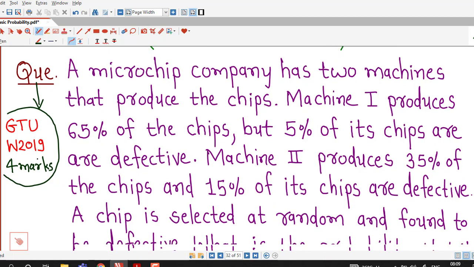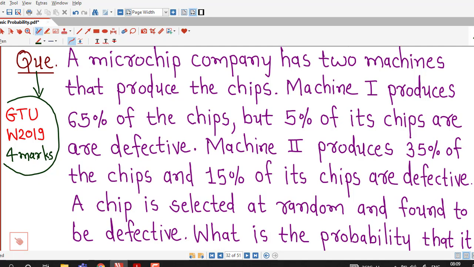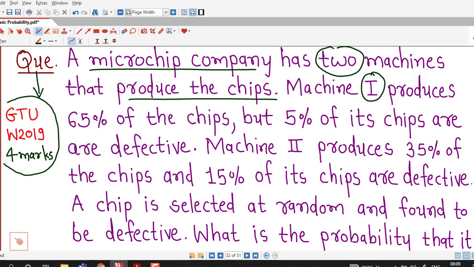First we try to understand what this question is about. It is given that a microchip company has two machines that produce chips. Machine 1 produces 65% of the chips, but 5% of its chips are defective.